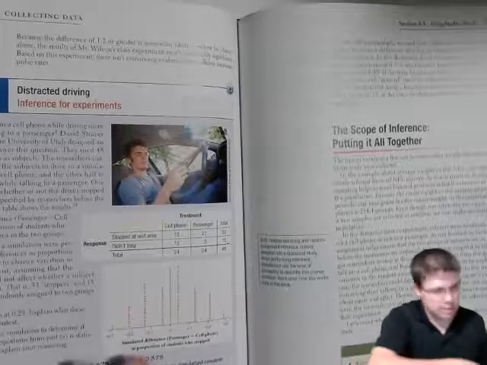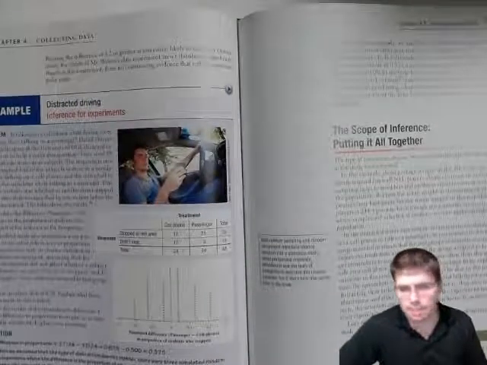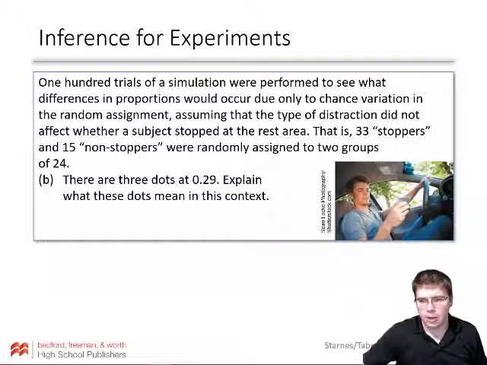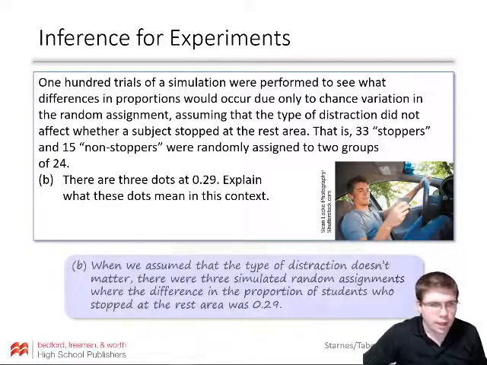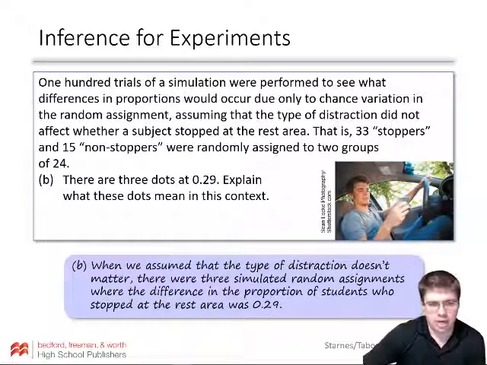So that's what those dots represent. Or to put it in their terms, when we assumed that the type of distraction doesn't matter, there were 3 simulated random assignments where the difference in the proportion of students who stopped at the rest area was 0.29.